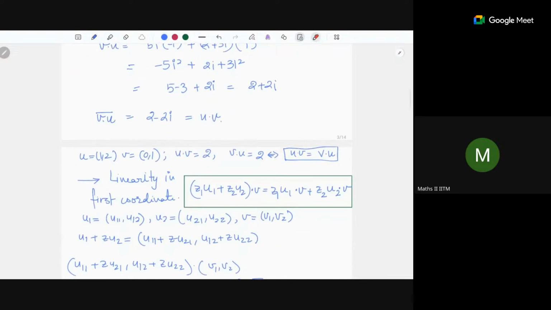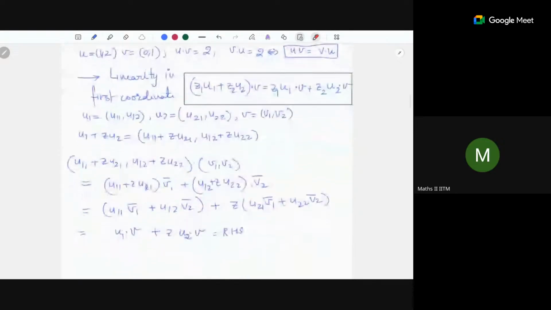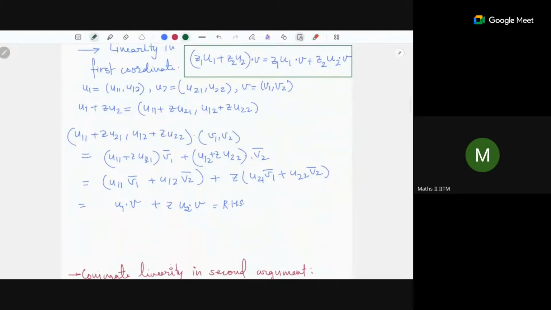For linearity, again, linearity will always make sense for the dot product in R2. So let me just write down the expression.